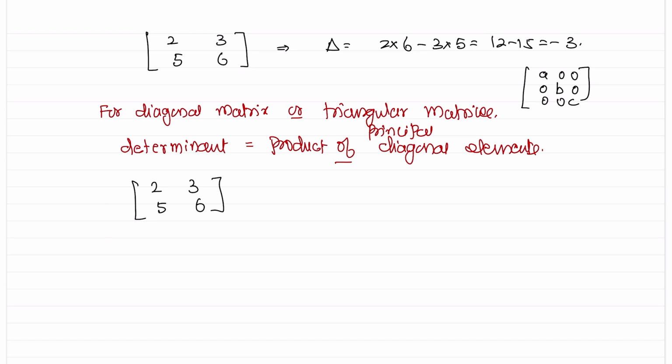For example, in this 2, 3, 5, 6, 2 and 6 are the diagonal elements, the principal diagonal. Now either I have to make the other element 3 above the diagonal 0, or make the one below the diagonal 0. Now, how to do it?